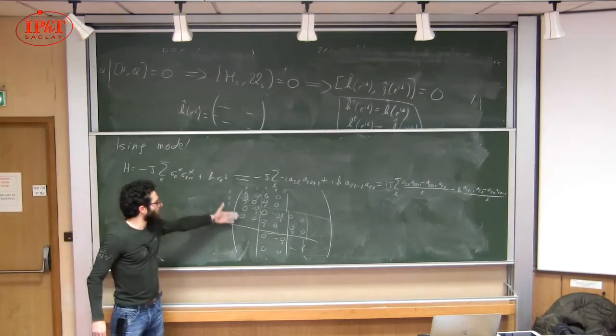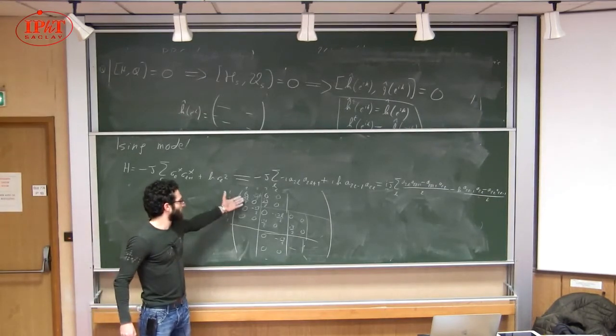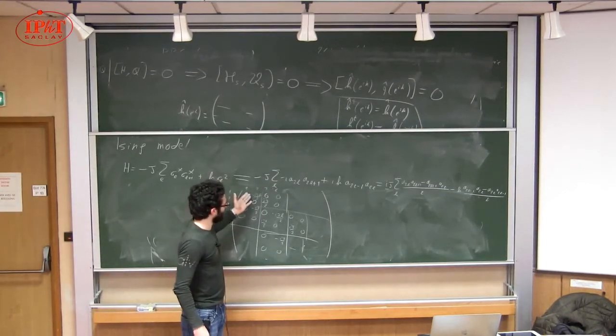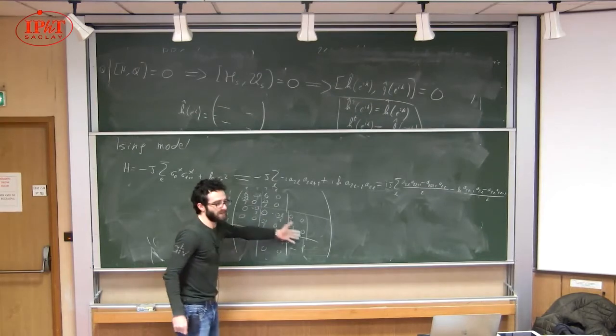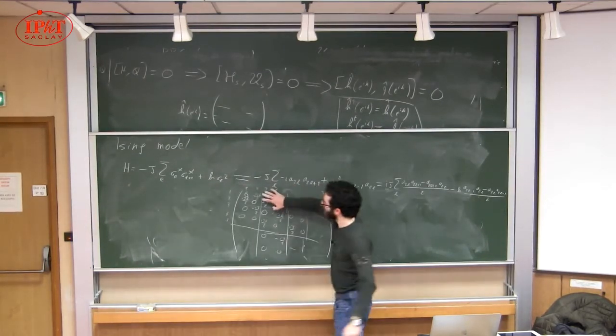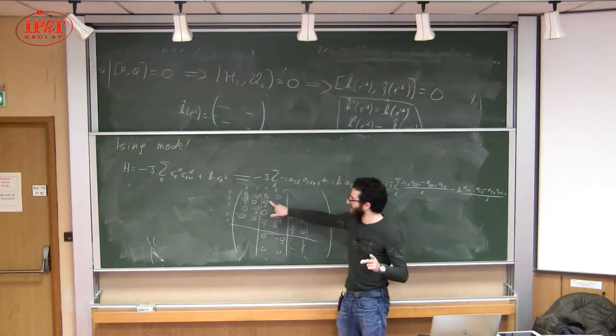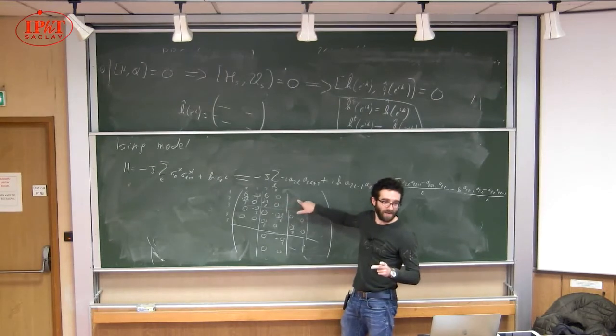From here, you want to construct a symbol. How do you do it? Well, simply the symbol is just the inverse Fourier transform of this. So you have to associate a phase to each block. The phase of this is 1. With this you associate e^{ik}, e^{2ik}, and so on.